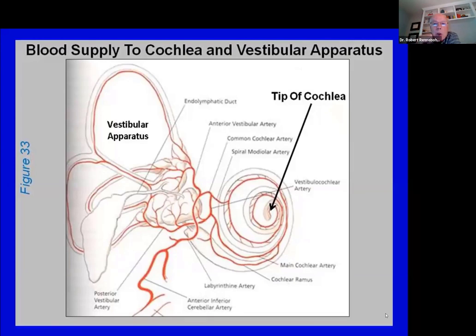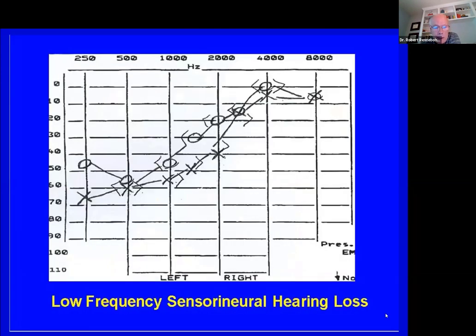Since the tip of the cochlea is responsible for low frequency hearing, ill perfusion of it leads to low frequency sensory neural hearing loss. And then occlusion of the microvasculature to the vestibular apparatus results in vertigo. Here is an audiogram showing the low frequency sensory neural hearing loss that is typical of Susac syndrome.